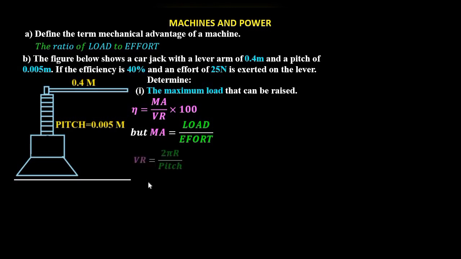Now, velocity ratio is given as effort distance over load distance. Now, the effort distance is given as 2 pi r. It is 2 pi r because when effort is applied to the lever arm to make one complete turn, then it traces a path whose circumference is 2 pi r.